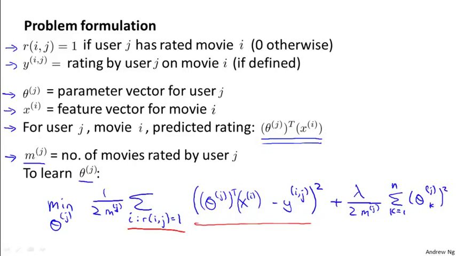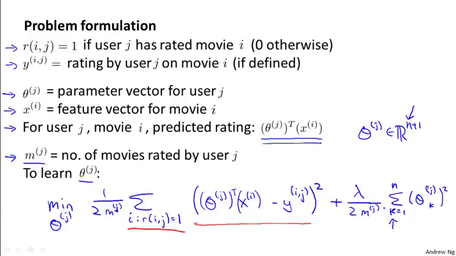As usual, this sum is from k equals 1 through n. So here, theta j is going to be an n plus 1 dimensional vector, where in our earlier example n was equal to 2, but more generally, n is the number of features we have per movie. And as usual, we don't regularize over theta 0. We don't regularize over the bias terms. The sum is from k equals 1 through n.